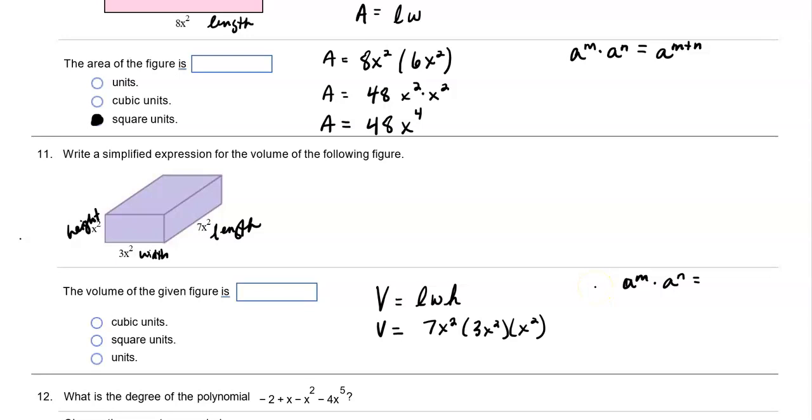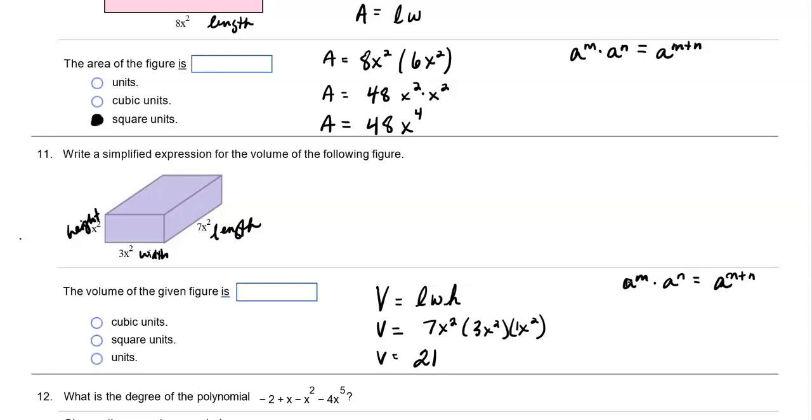So using the product rule again, when multiplying like bases, we keep the base and add the exponents. So first we'll multiply the numerical coefficients. 7 times 3, and we can consider the numerical coefficient for x squared as 1. So 7 times 3 times 1 is 21.